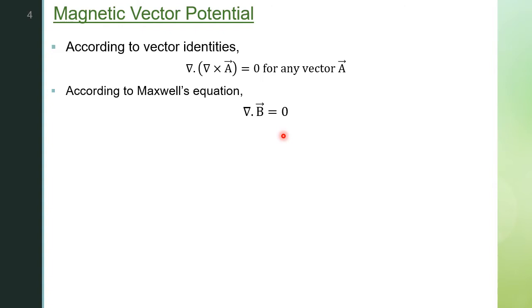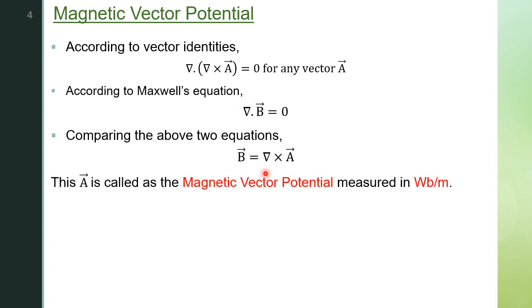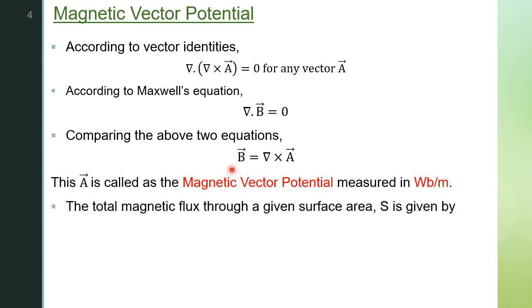Comparing the above two equations, we get B is equal to del cross A. That is, magnetic flux density can be expressed as the curl of a vector A. This vector A is called the magnetic vector potential, and it is measured in Weber per meter, since B is measured in Weber per meter square.